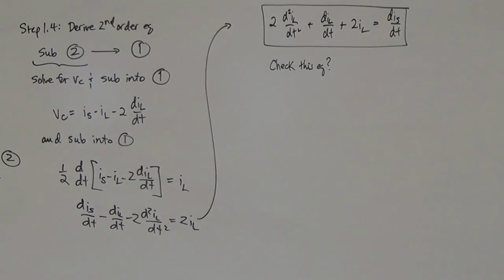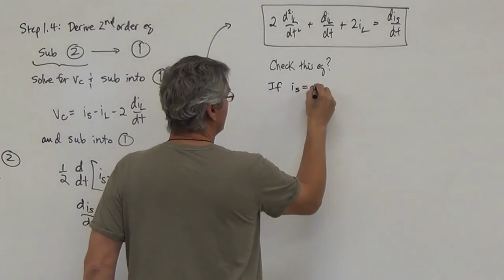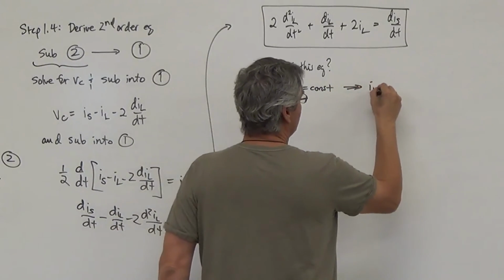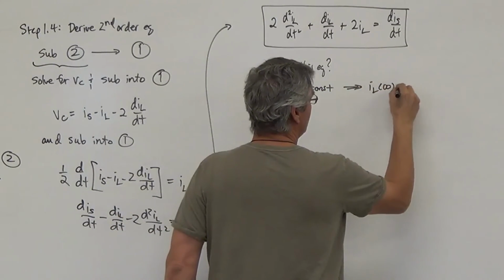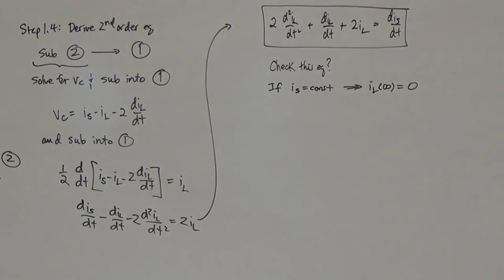It should go to 0 because the capacitor opens up and all of the current through the inductor goes to 0. So if IS is equal to a constant, we just showed that the inductor current at t equal to infinity would go to 0. Does the physical picture from looking at the circuit agree with that equation?